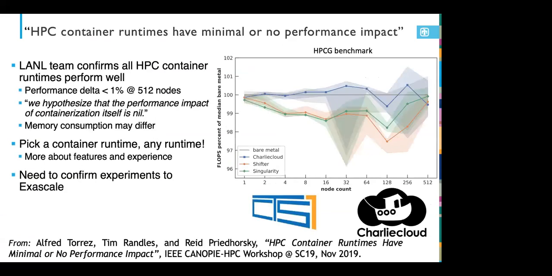Part of the reason I say all these are pretty usable is because we've seen an interesting paper recently that shows the performance is all pretty similar and they all have minimal or no performance impact when you use them properly. There's some slight variance. It's often within 1%, and it's largely due to variance that you're going to see naturally across any shared resource environment to begin with.